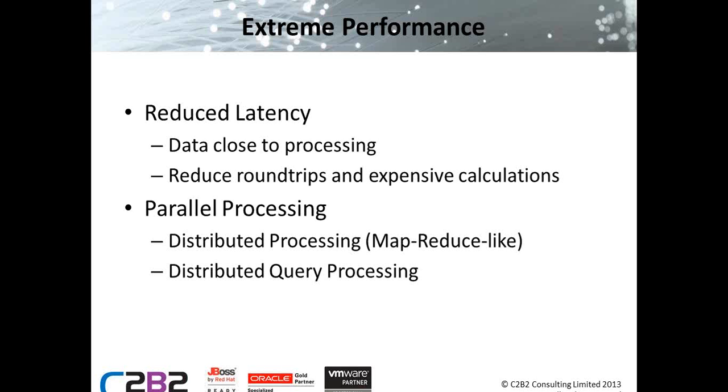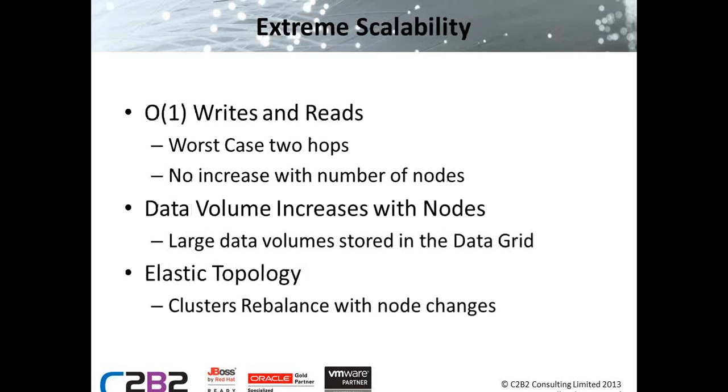You can move your data close to your processing, and that can either be cached relational data or in parallel compute, and therefore can reduce round trips to latent data stores. But it can also give you that parallel processing, so it's distributed processing with a MapReduce-like API, distributed query processing. It gives you extreme scalability, so we have constant time for reads and writes. So worst case, as we saw, we have 2 network hops.